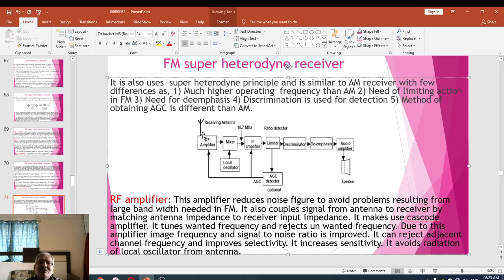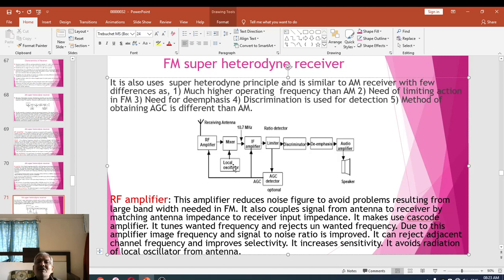It makes use of a receiving antenna that intercepts, or is tuned to, the FM transmitting frequency within a range of 88 MHz to 108 MHz. In the form of electromagnetic radiation, it converts that electromagnetic radiation into a radio frequency signal, and that is given to the RF tuner.